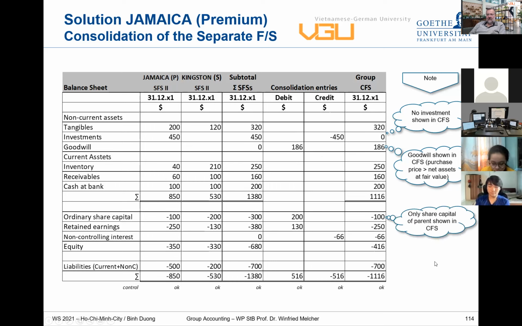All right, and then in the end, please check that only share capital of the parent is shown in the consolidated financial statements. Otherwise, you have made a mistake. Well, the retained earnings may be different because currency translations and sometimes profits that go to retained earnings or go to the profit and loss account of the current period will also be shown in retained earnings, and therefore this number is in most of the cases different in the practice.